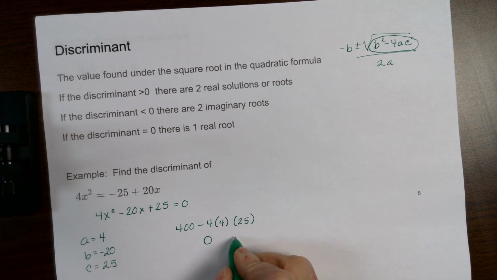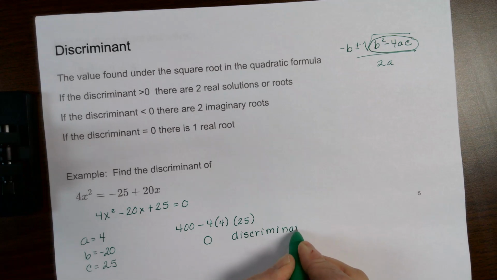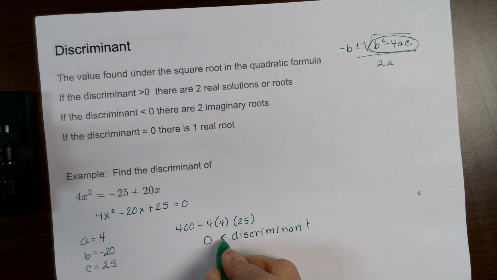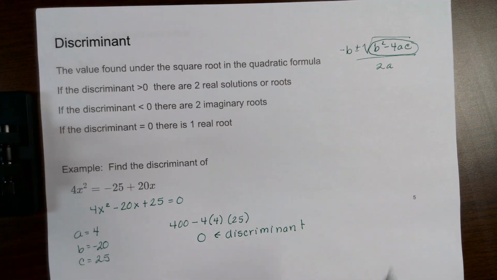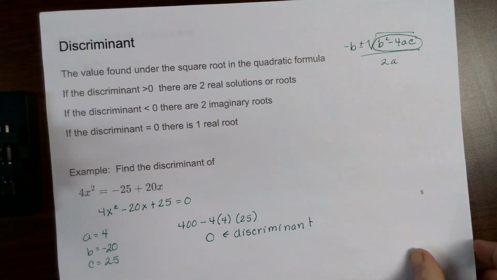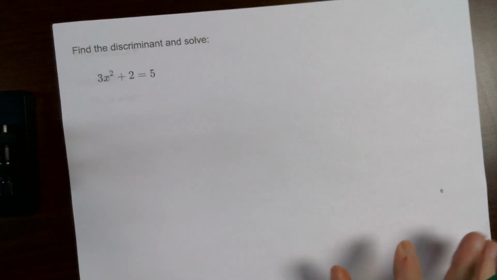So I'm going to have a discriminant of 0. Now, if I go back up here, if the discriminant is equal to 0, then there's one real root. So if I were to have solved this equation, I would get one answer, and it would be a real answer.